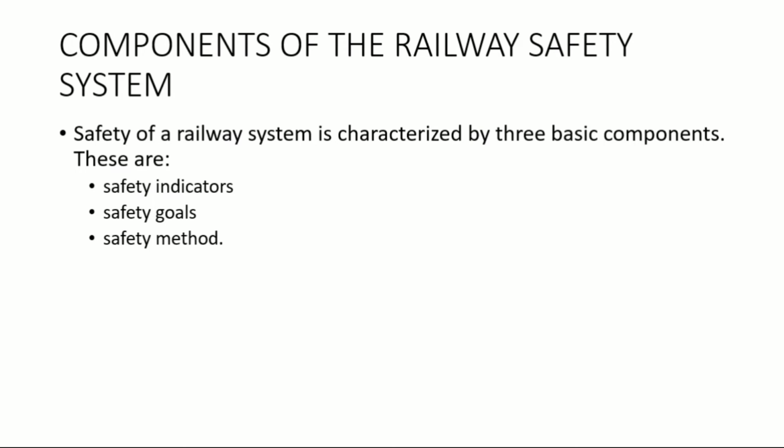Based on the mentioned indicators, the safety goals are set. A safety goal represents a minimum safety level expressed by acceptable risks which have to be reached by all elements of the railway system. So basically it is the minimum safety level that we need to achieve. That is the safety goal. The goal is to maintain the safety of the whole system via minimization of risks.